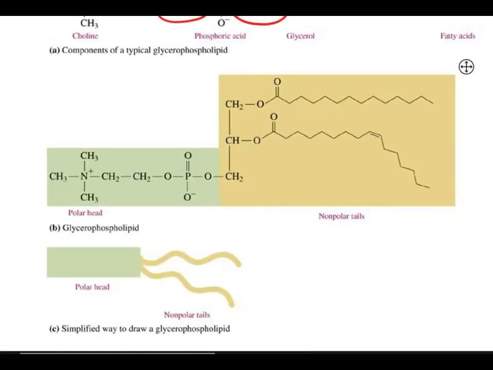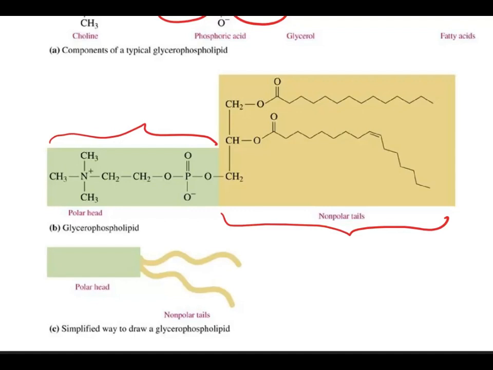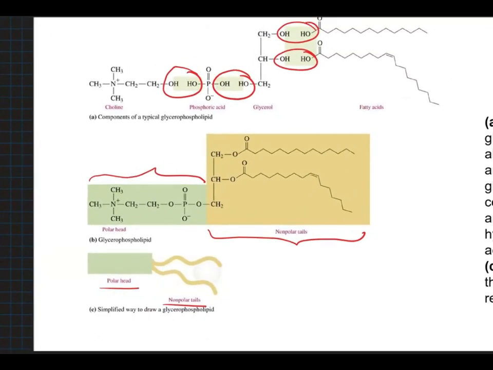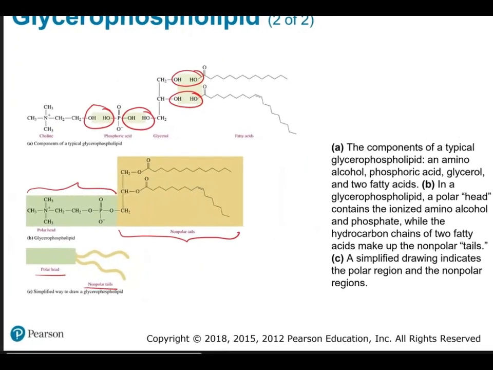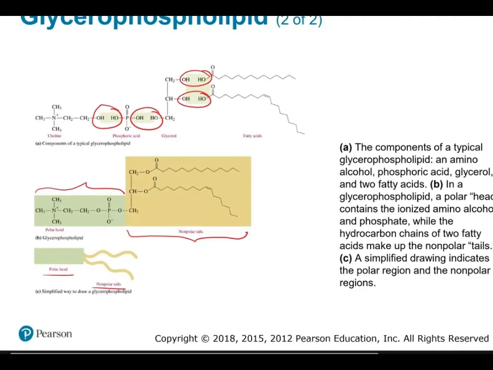One is nonpolar, we call them tails, and another one is polar, we call them head. And the way to draw it is like this: the head and the tails. Okay? Questions so far?